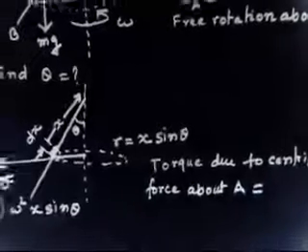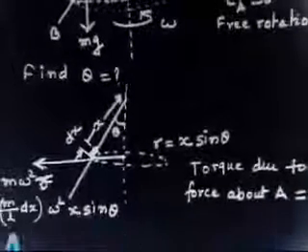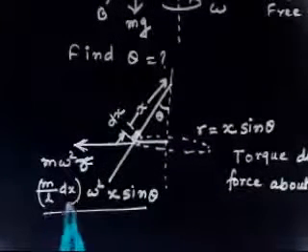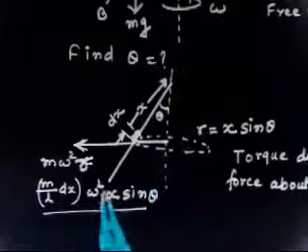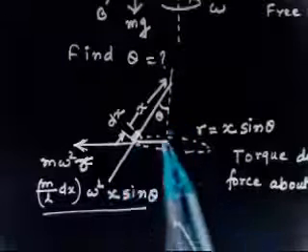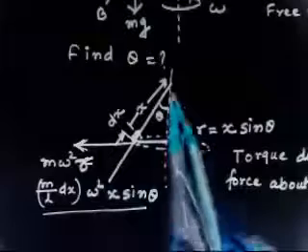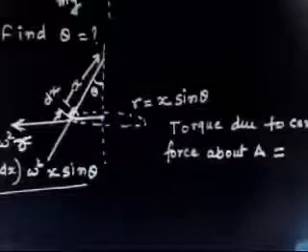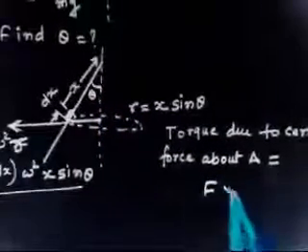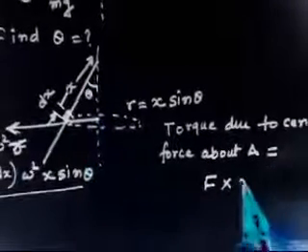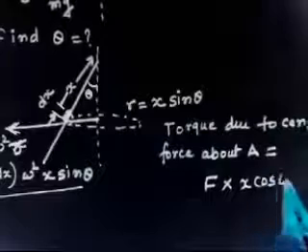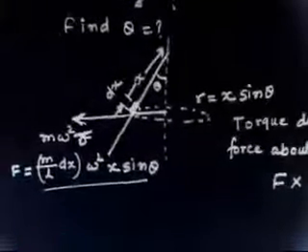Are you getting? Now see, this is the centrifugal force I have already calculated. So the centrifugal force is M by L dx omega square x sin theta. This is the force, and this is the perpendicular distance, x cos theta. So torque will be force into x cos theta, and this is the value of the small force f.